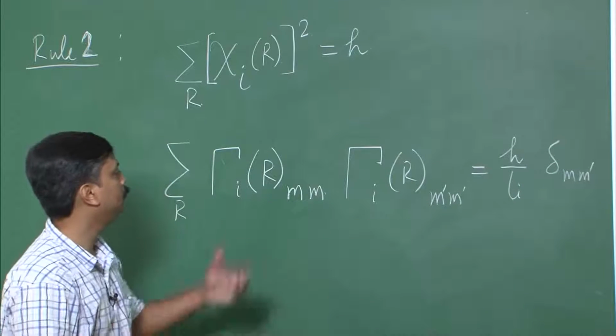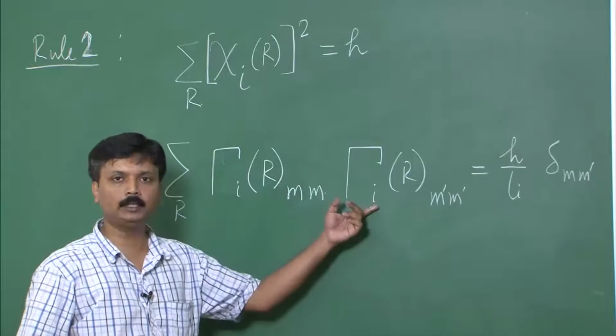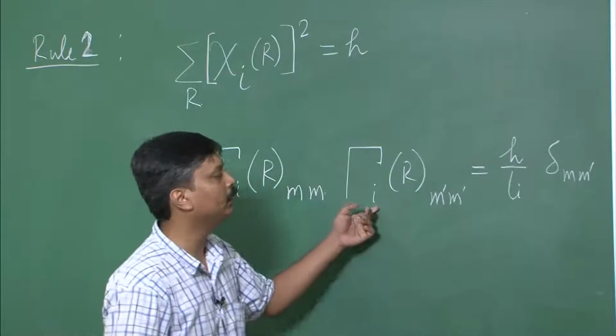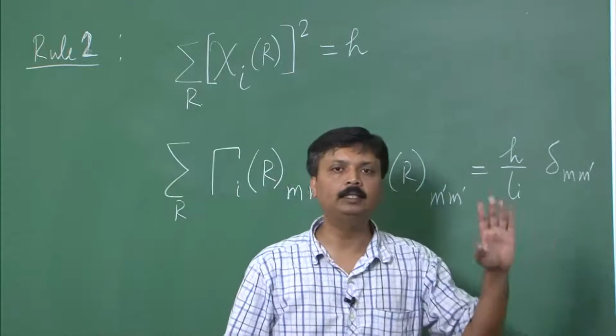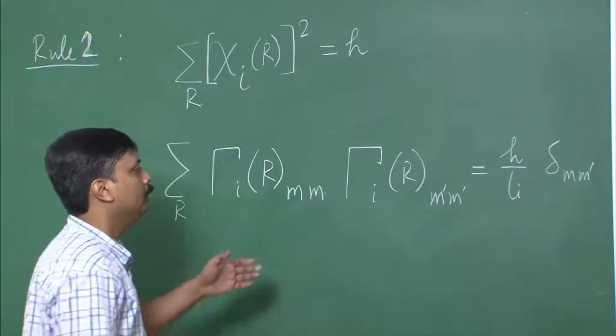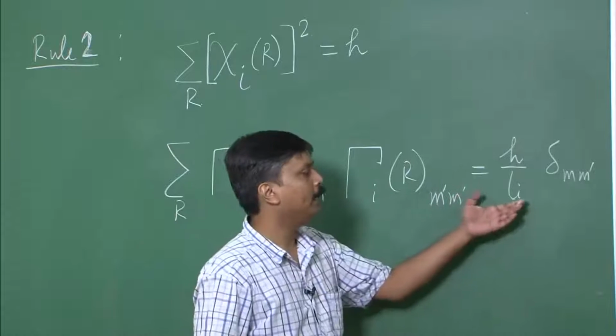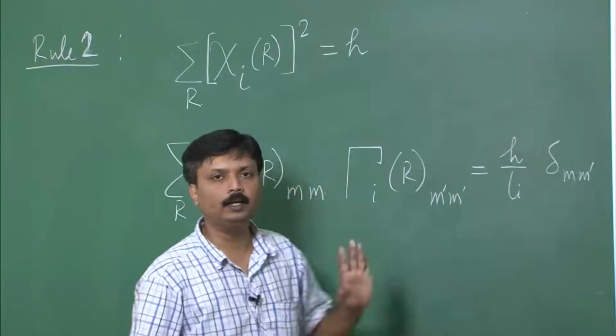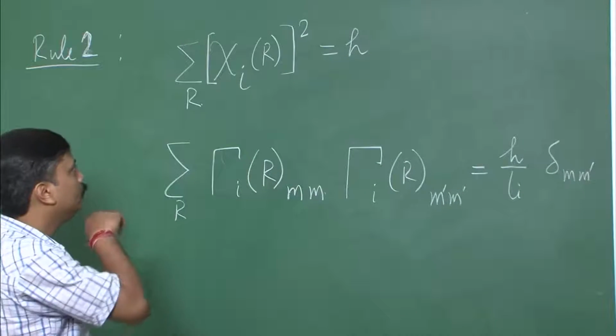Because I have chosen the same irreducible representation, that is the ith representation, delta_ij in the original form of the great orthogonality theorem gives me unity, and we are left with delta_mm'.